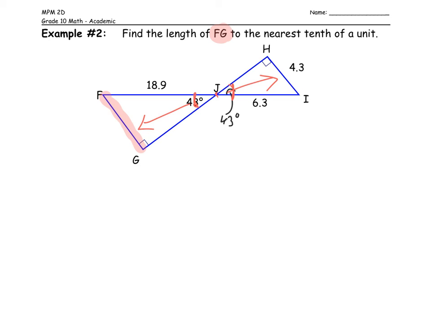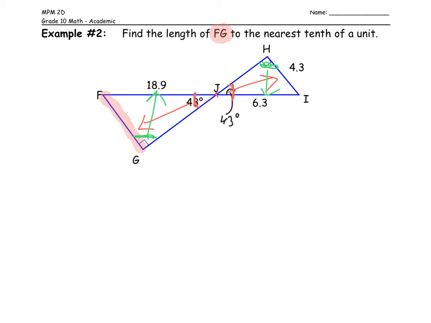Also, I can see here that they've indicated that angle G is a right angle and angle H up here is a right angle. That means that the corresponding sides, or the proportional sides, are going to be opposite that. So that means that these sides are corresponding.